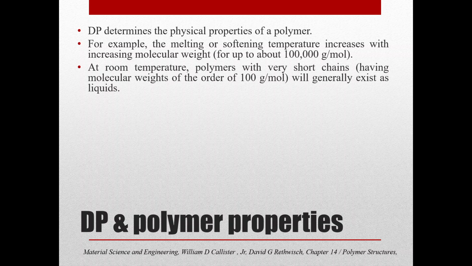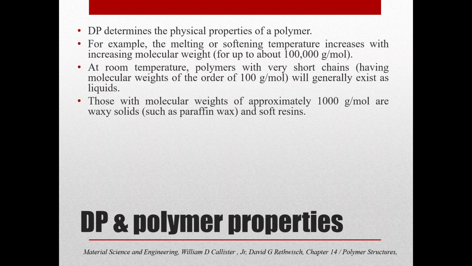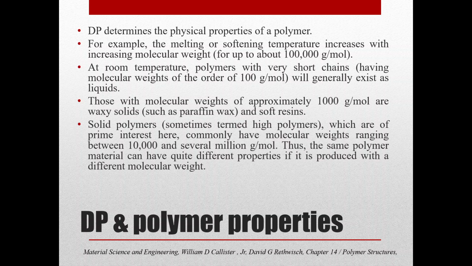At room temperature, polymers with very short chains, with molecular weights of the order of 100 grams per mole, will generally exist as a liquid. Those with molecular weights of approximately 1000 grams per mole are waxy solids such as paraffin wax and soft resins.